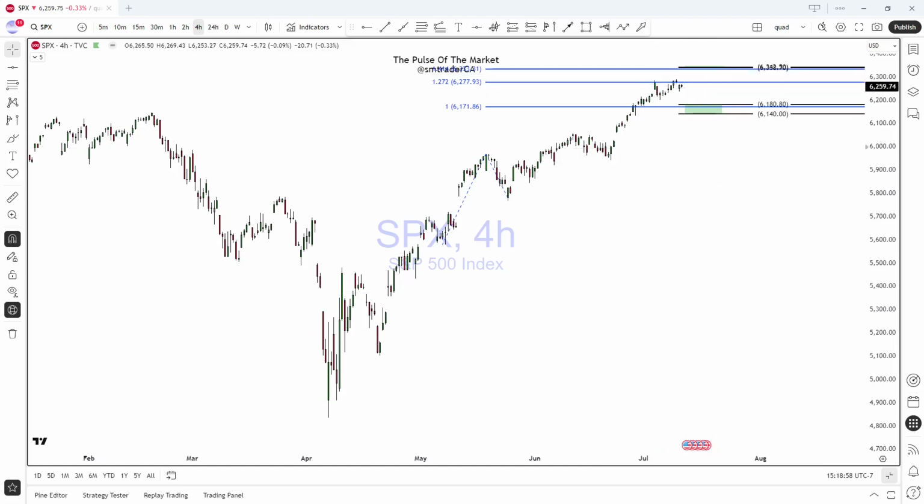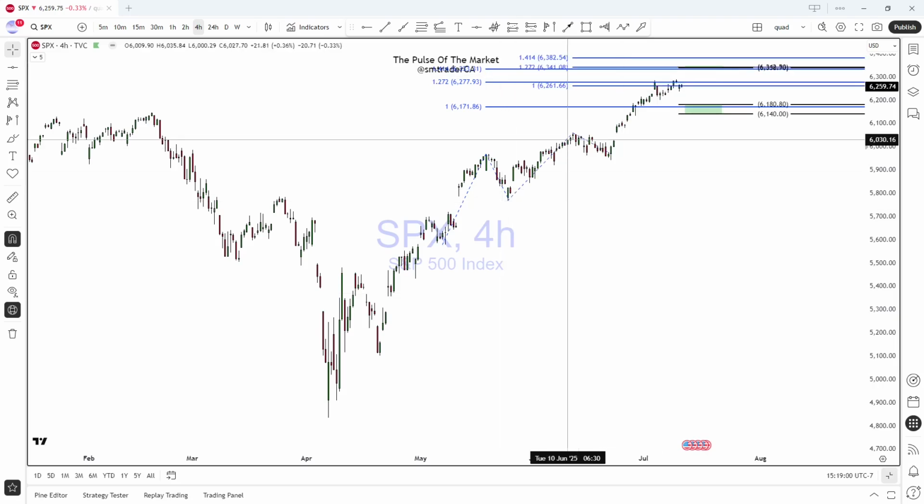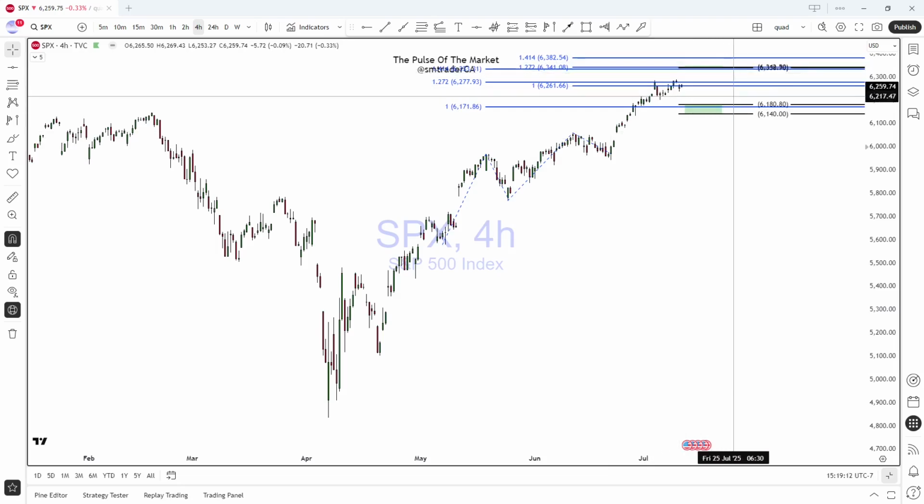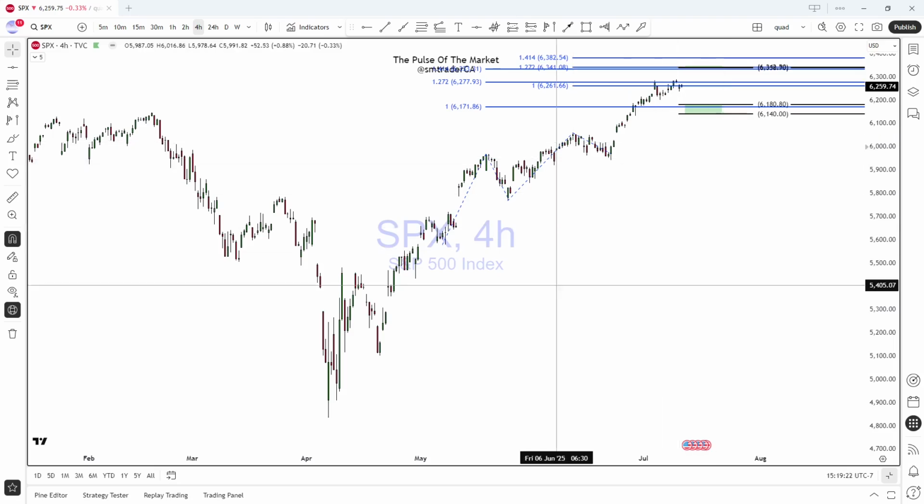The other thing is we also have this symmetry move. This right here is projected up here with the 100% measured move. But the 121 or the 127 is in confluence with the upper range of the weekly expected move. The psychology behind this is we're looking at different traders trading off of these technicals.